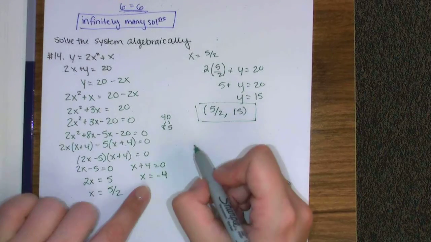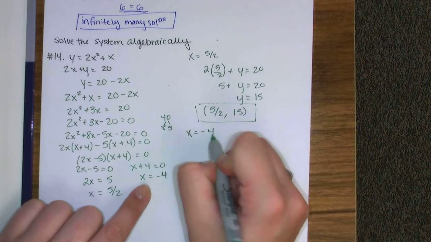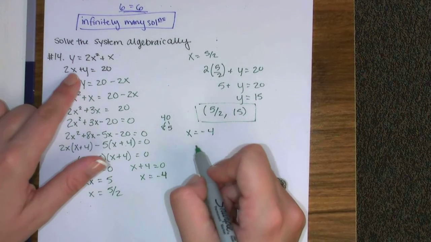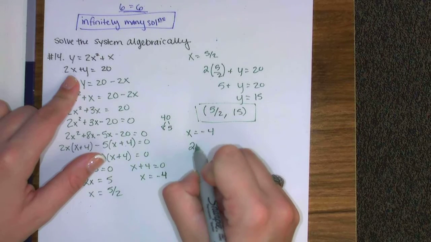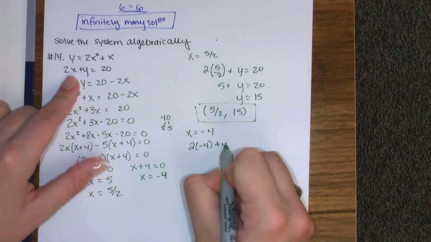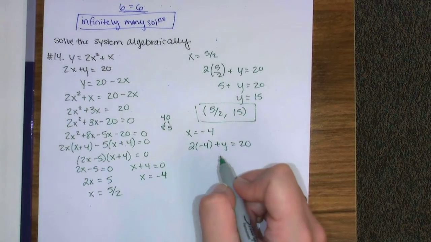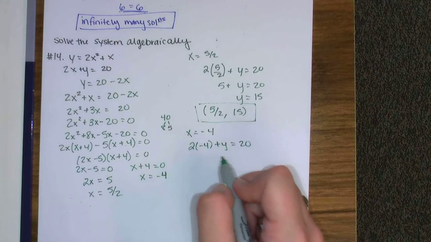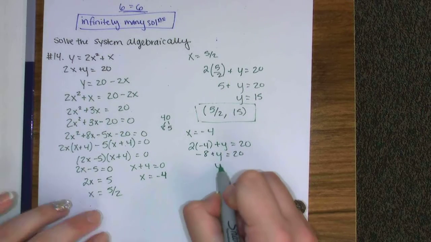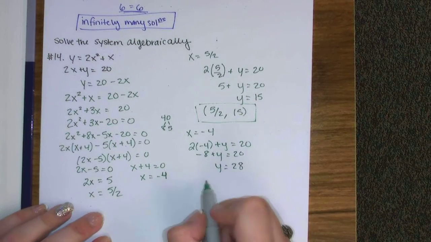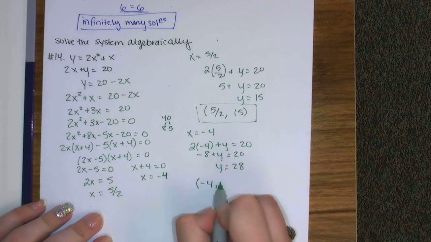And then when x is equal to negative 4, I have 2 times negative 4 plus y is equal to 20. Negative 8 plus y is equal to 20. y is equal to 28. So now my second ordered pair is negative 4 and 28.